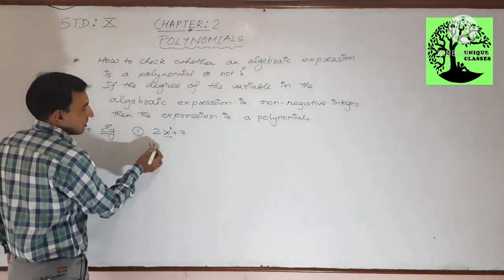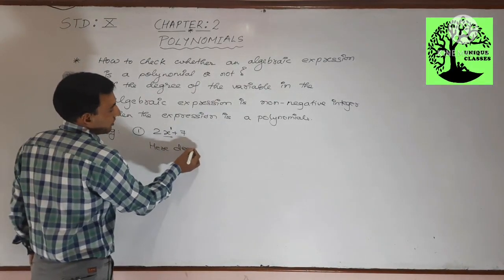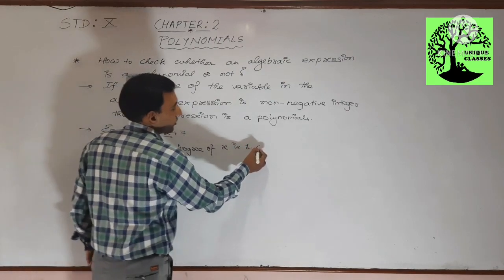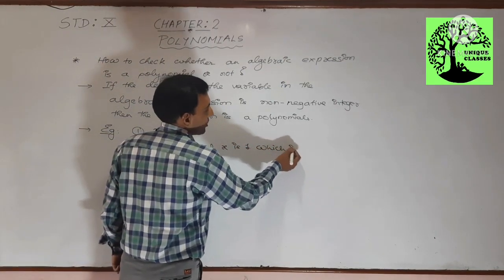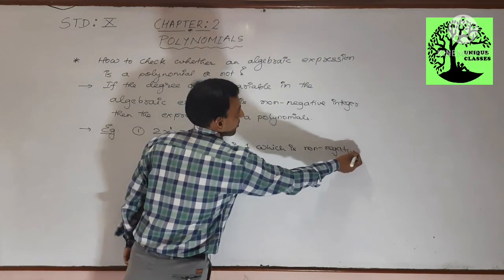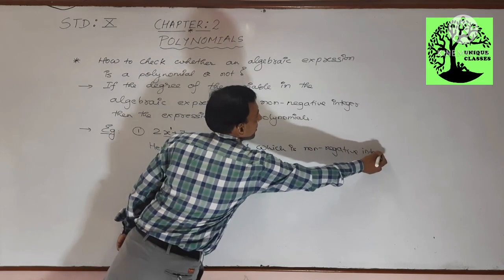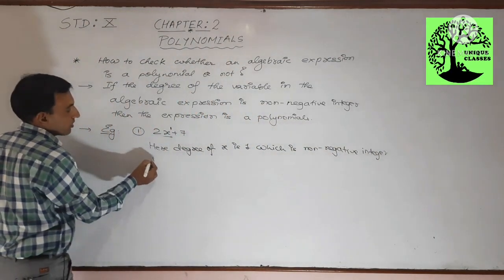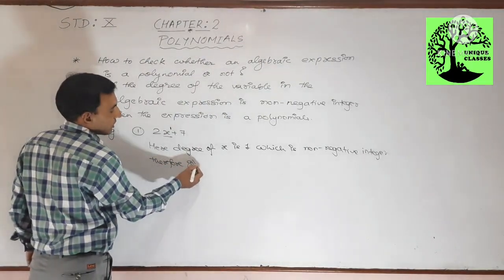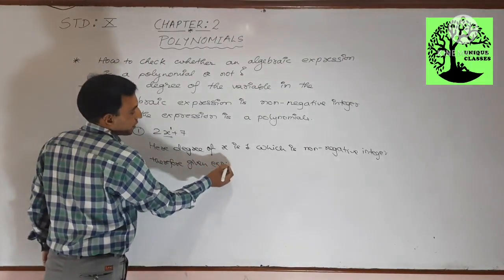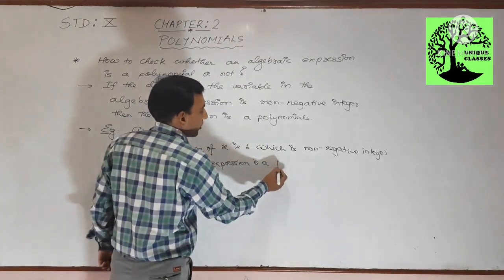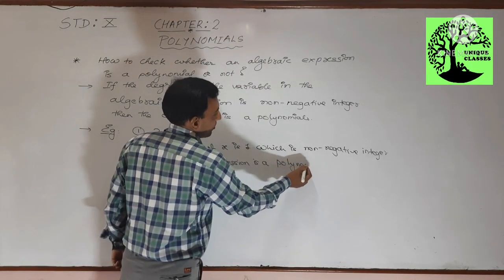So, you can say here the degree of x is 1, which is a non-negative integer, therefore the given expression is a polynomial. Yes, the given expression is a polynomial.